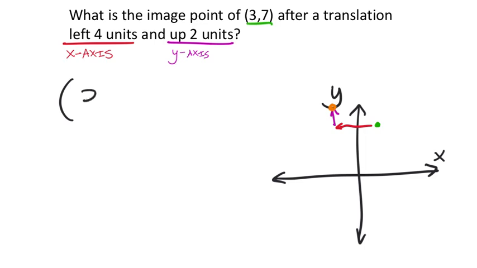But here's what happens without the graph. If you take the ordered pair that we start with, 3, 7, which is our pre-image, and then apply this set of movements, left 4, up 2, well, left is going to subtract.